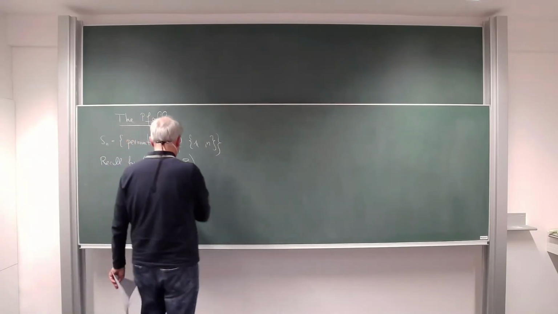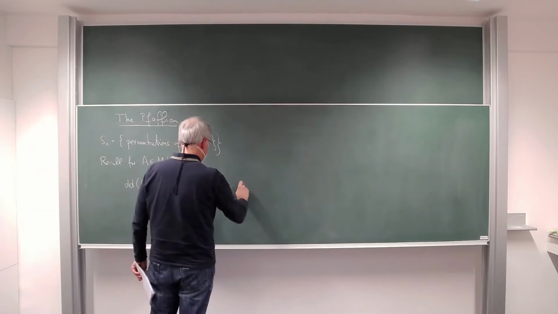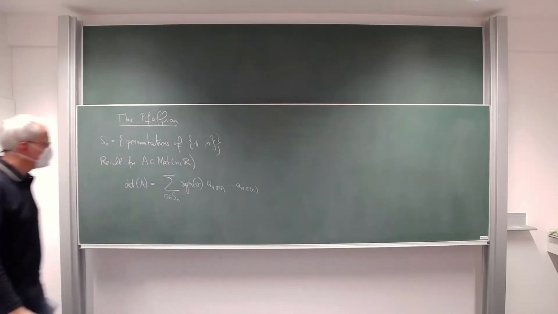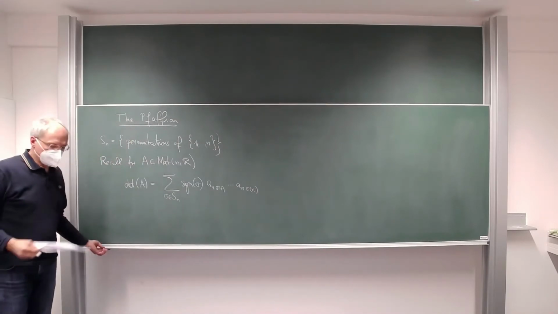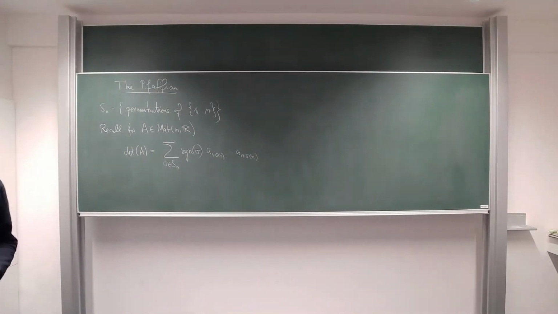And then we take the entries of the matrix, A1, sigma 1, all the way up to A(n), sigma n. So that's the usual definition for the determinant. It's not practical for actual computation, but it's an easy way to define it.